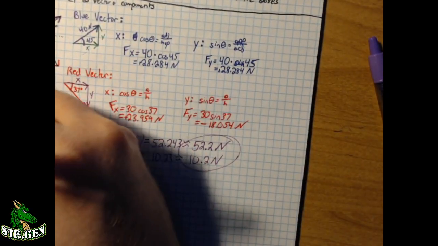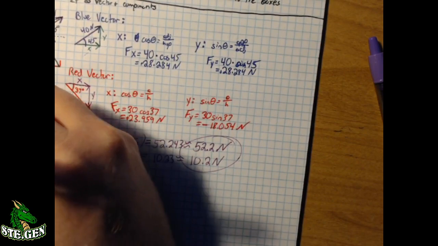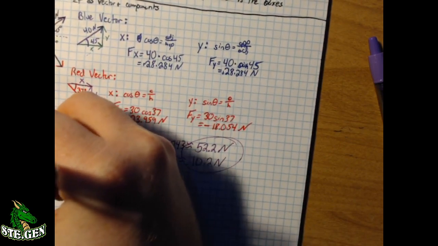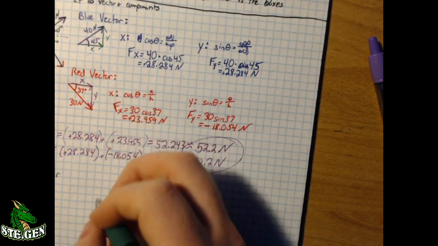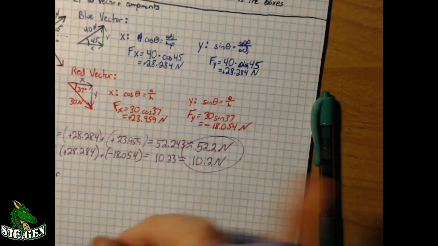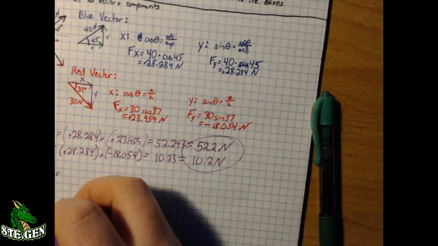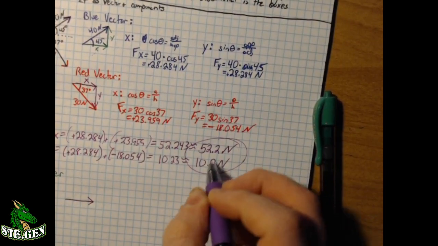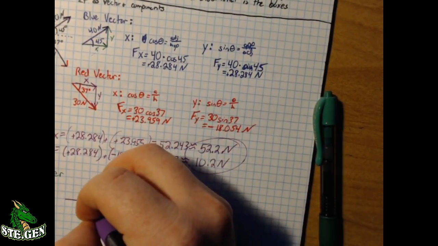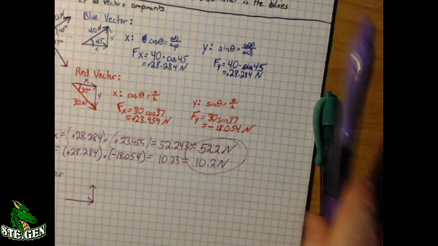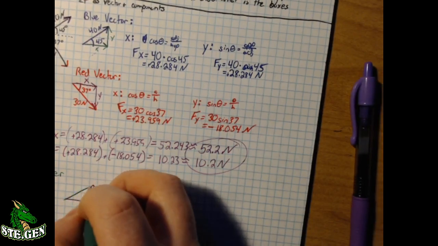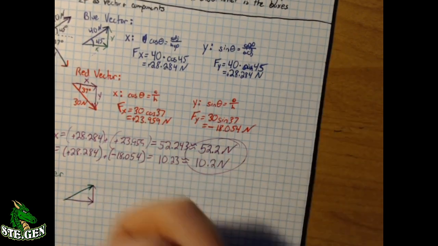And then the sum answer. So if we have our x component going this way, our y component is positive, so it's going to go this way. We want to know the sum of our forces.